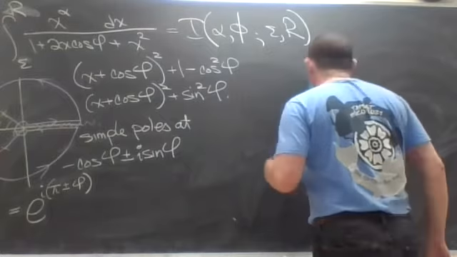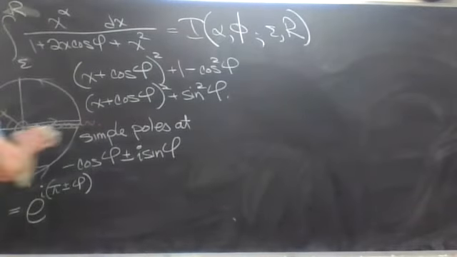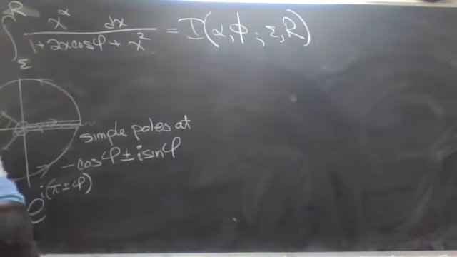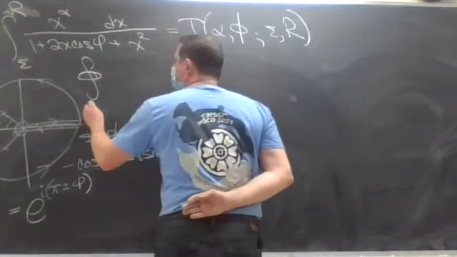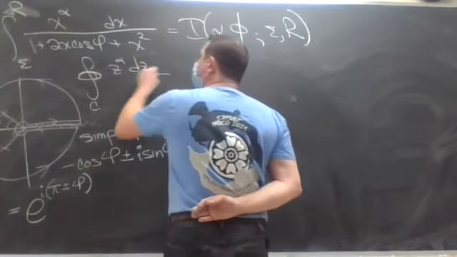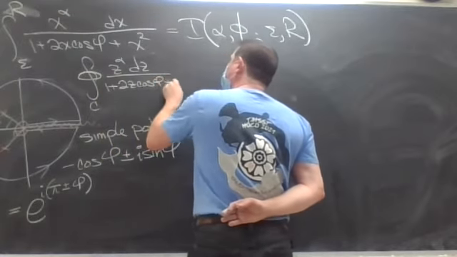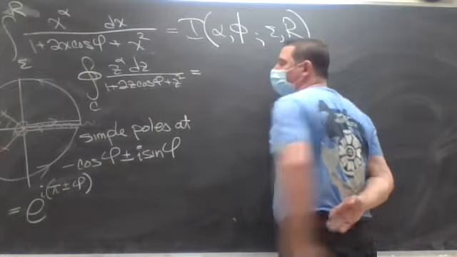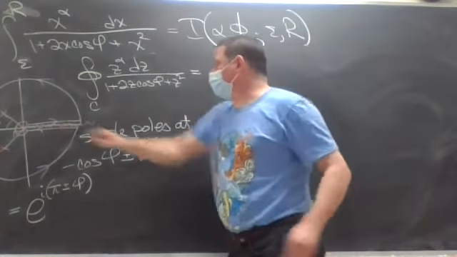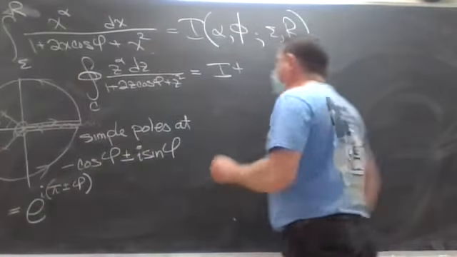All right, great. So my loop integral will equal I, that's along that top part, plus an integral from 0 to 2 pi.